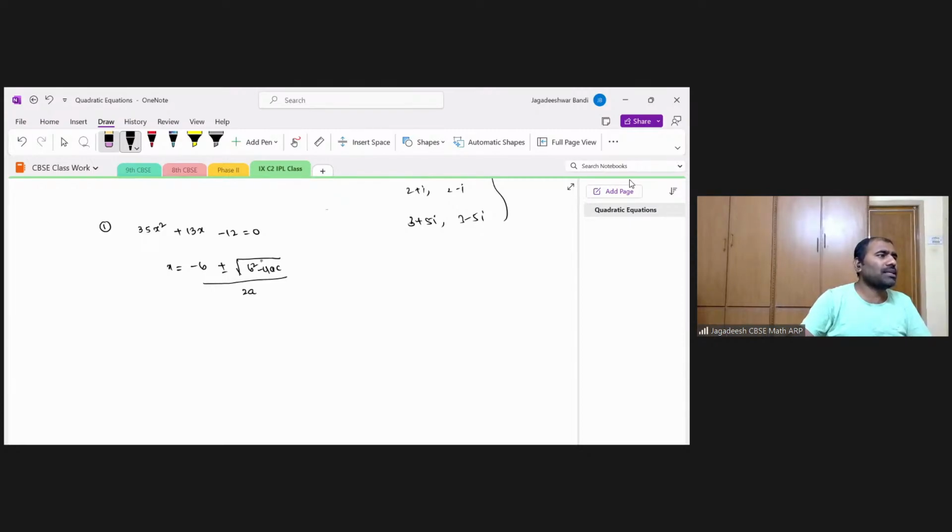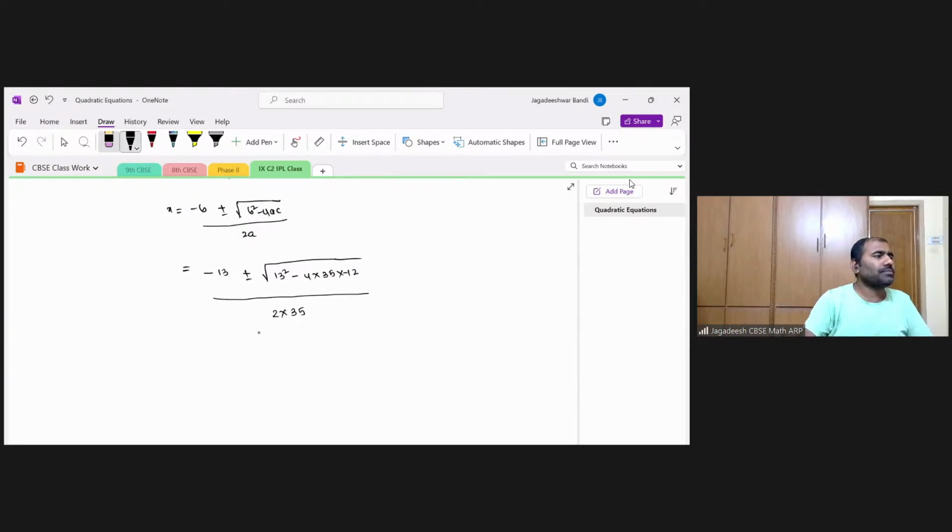Okay, fine. So let us substitute here. Minus b, value 13. Hope you all know what a, b, c are: a is the x square coefficient, b is the x coefficient, c is the constant. So plus or minus square root of b square, 13 square, minus 4 into a, which is 35, into c, which is minus 12, divided by 2 into a value 35. Let us simplify further.